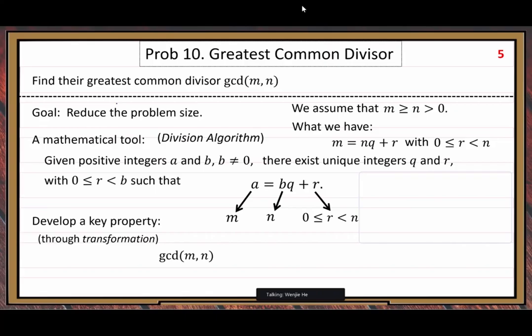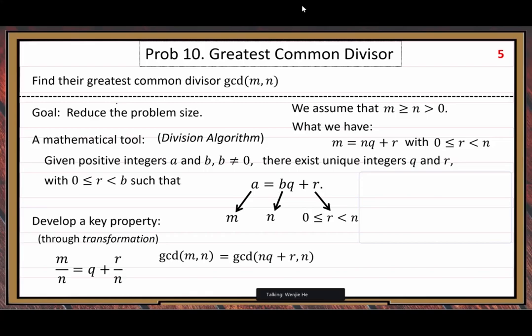Related to GCD, greatest common divisor. So here, this is the size reduction formula, but we want to understand this formula from this fraction. The left-hand side, we look at the fraction m over n.